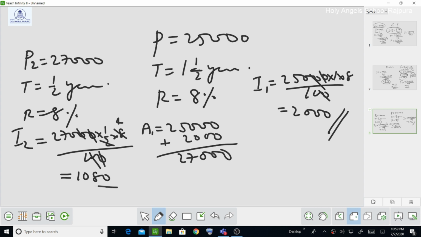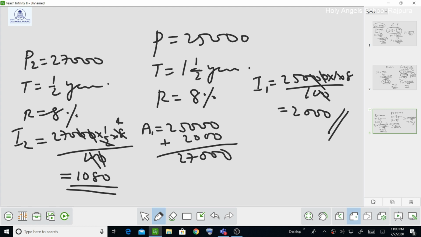This is I2. Remember, I2 is not for the complete second year, it is only half a year. That is why in place of t we have written half. The rest of the formula is the same, and after cancellation you get 1080.